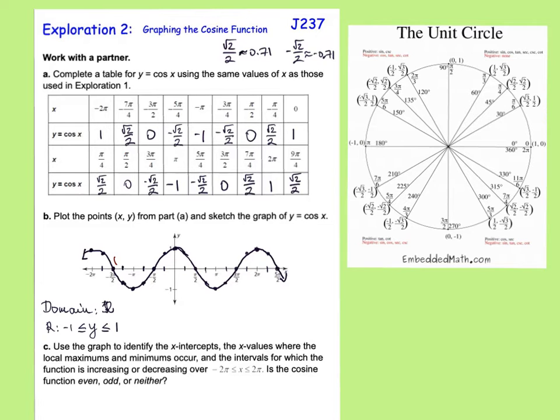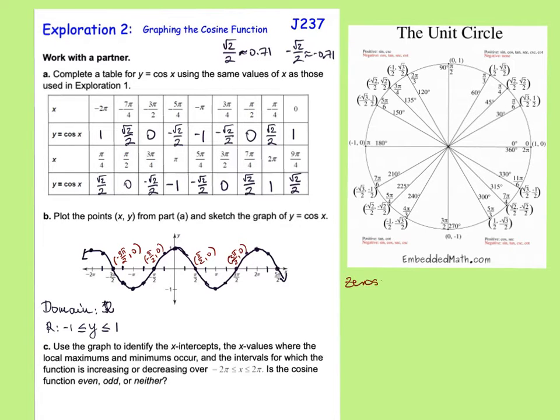So our first x-intercept is -3 pi over 2 and 0. Our second x-intercept is -pi over 2 and 0. And then we'll have pi over 2 and 0. And then we'll have 3 pi over 2 and 0. So let's list these.